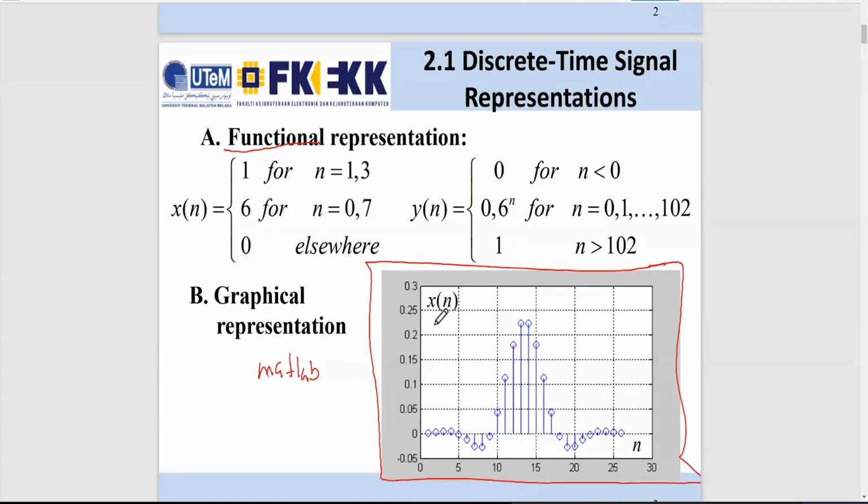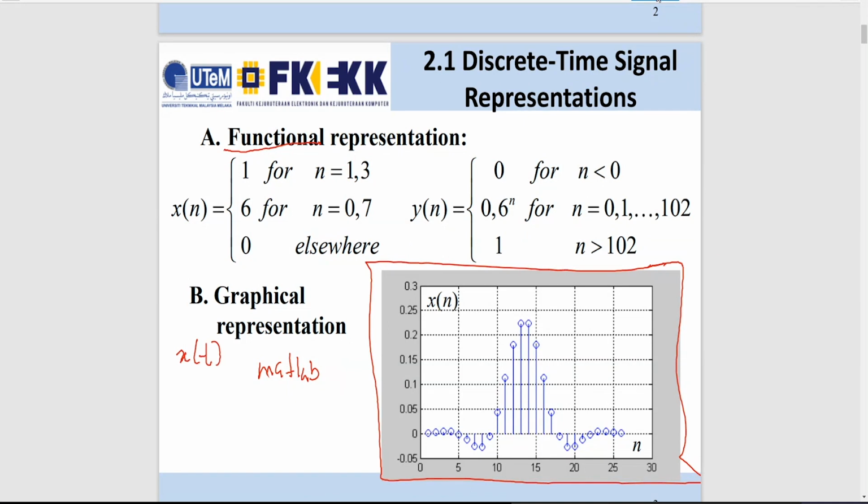Before I begin, let me clarify things first. Last week we discussed this, if you can remember.